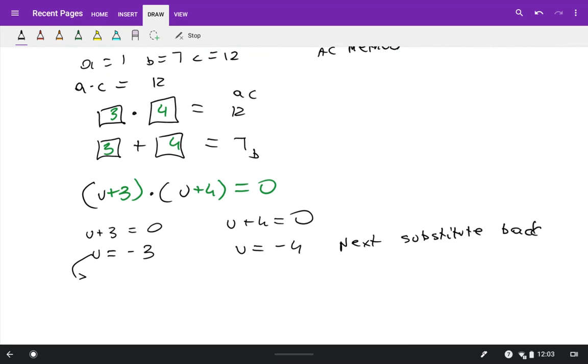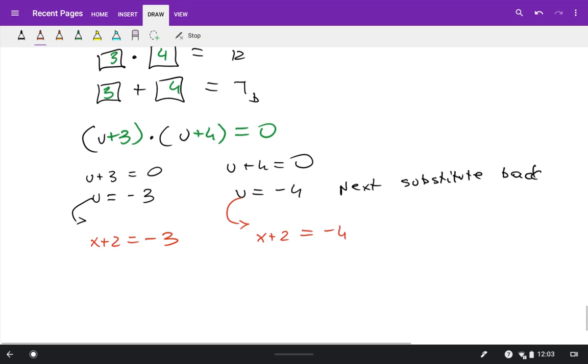So we're going to replace u with x plus 2. So we have x plus 2 equal negative 3, and we're going to replace this u with x plus 2 equal negative 4. And just solve the two equations for x. Subtract 2 from both sides, and that will give you x equal negative 5.